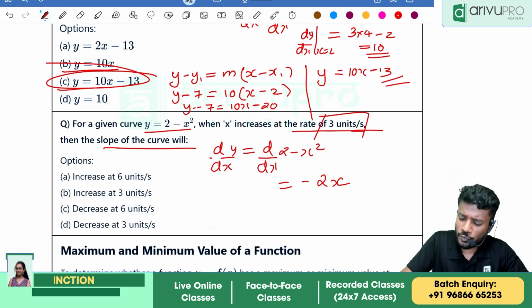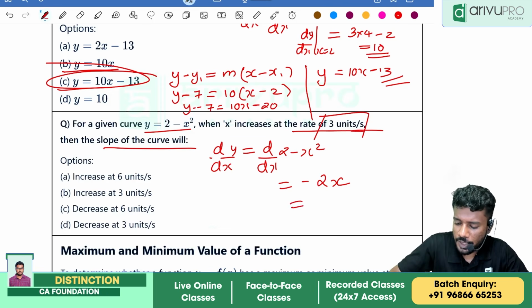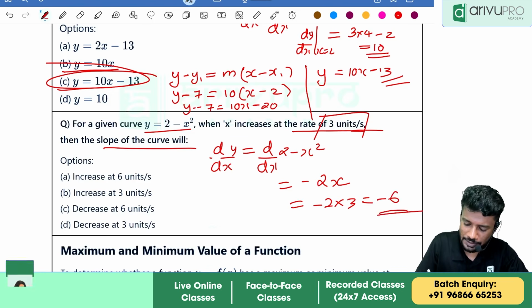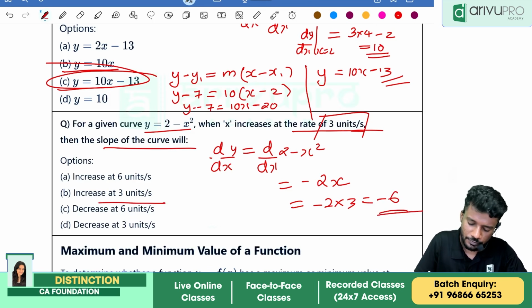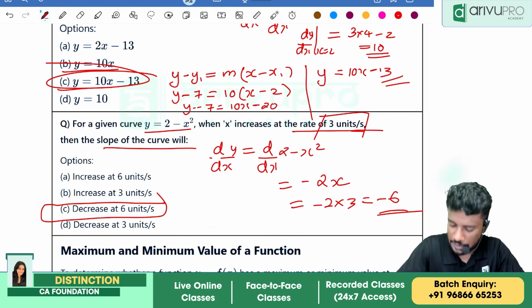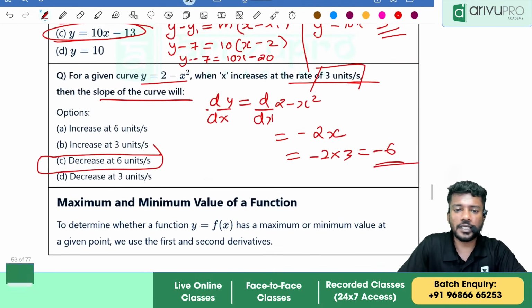Now instead of x, what will you put? 3. That means minus 2 into 3, which is equal to minus 6. Minus 6 means increase or decrease? Decreases. That means the answer is: decrease at 6 units per second. That is the meaning of this.